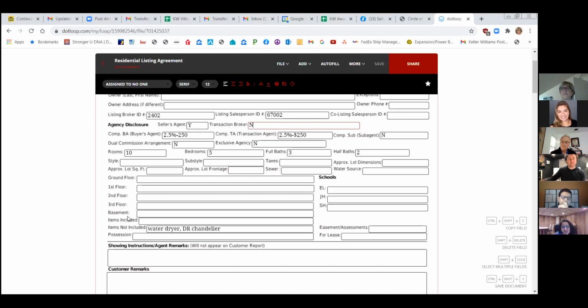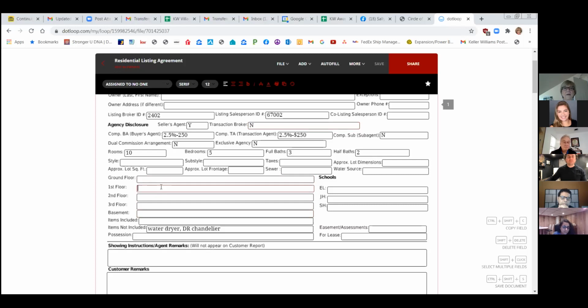Ground floor means that the lowest level is on the same level as the property, as the grass, and you could actually walk out and be in the yard from ground floor. So make sure that you fill in basements under basements and ground floors under ground floors.